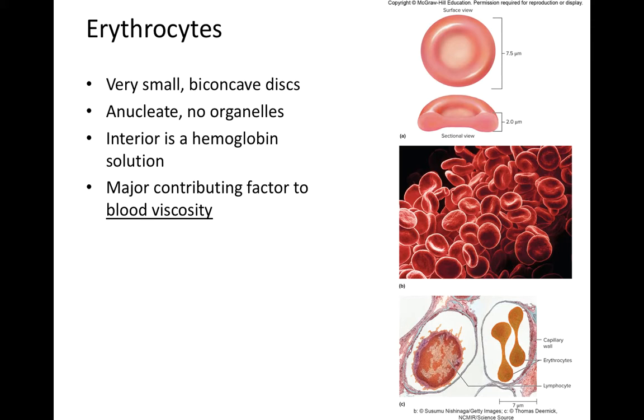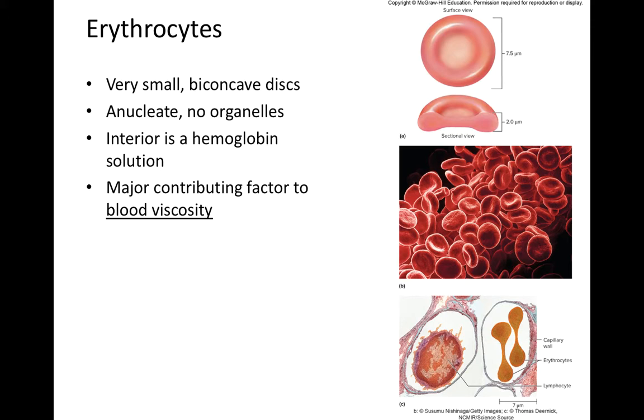So there's certainly going to be consequences to not having a nucleus or any organelles. But what it does is it makes the cell very specialized to carry oxygen, and that's where the protein hemoglobin comes in. Hemoglobin is what you find inside of a red blood cell. We don't have a nucleus, we don't have any organelles, we have a solution of hemoglobin.